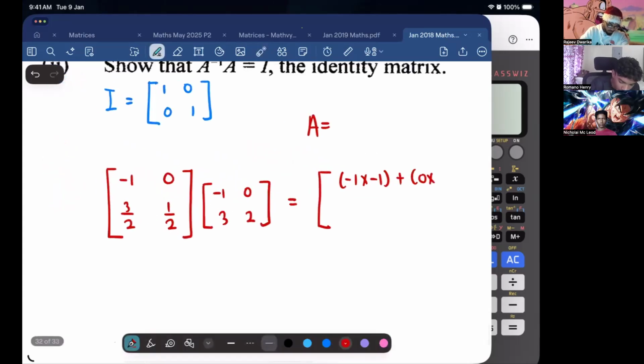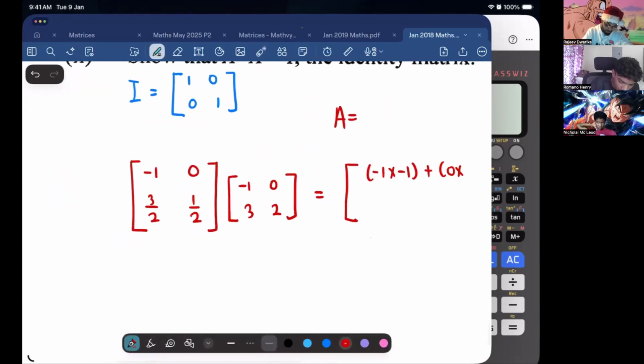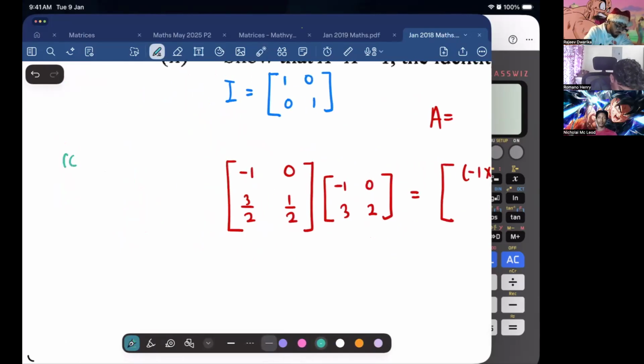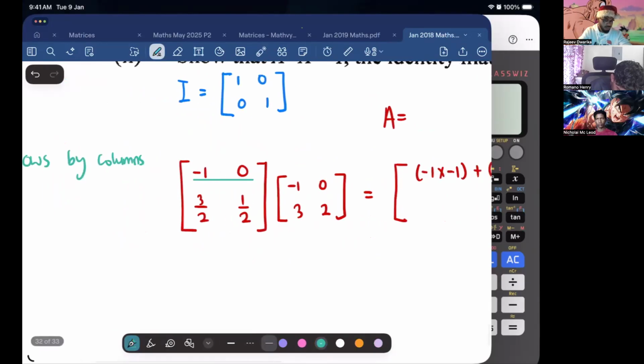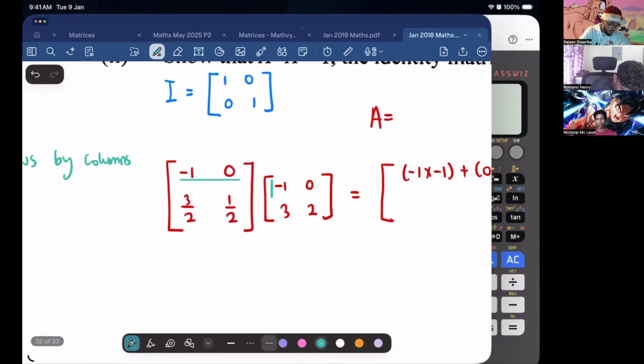Yes. Let me explain something, right? I'm going to put back on the training wheels for a little bit. When you're doing matrix multiplication, it's rows by the columns. So can we see that -1 0 is a row over there? That is a row. We're going to multiply it by this column. This is the first element here, and this is the second element here. So you're going to multiply the corresponding elements.